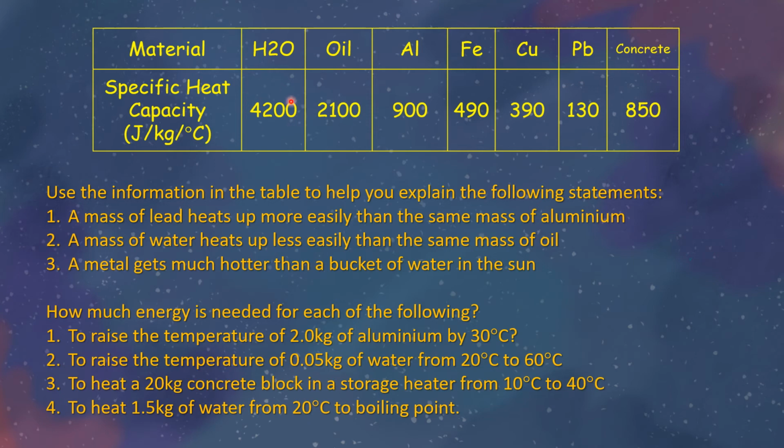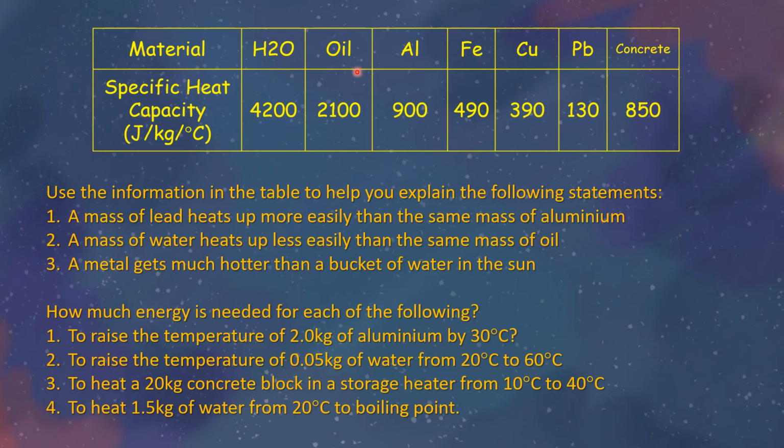Okay, so the bigger the number, the more energy it needs, so the harder it is to heat up. Okay, so I'll say that again. This number here is the amount of energy that the material needs, so 1 kilogram of the material needs to increase by 1 degree Celsius.